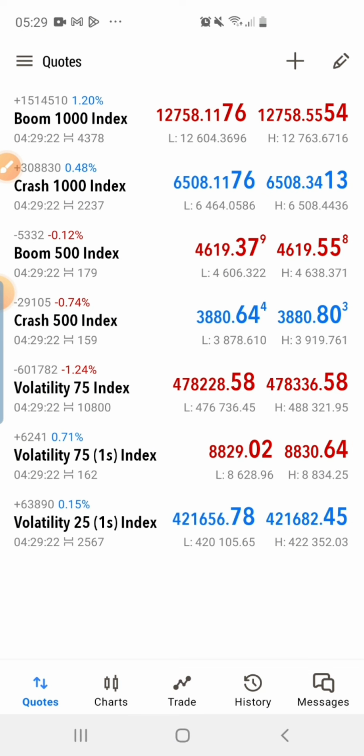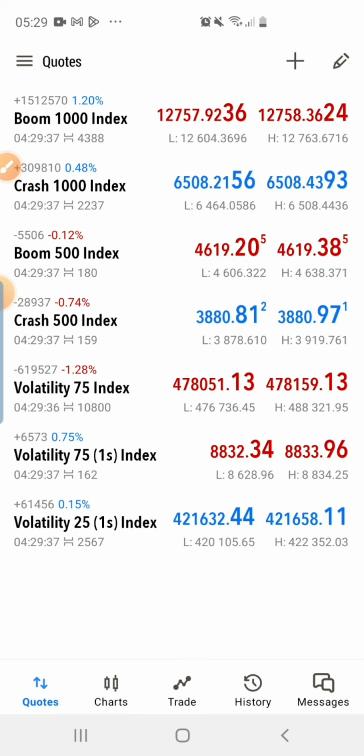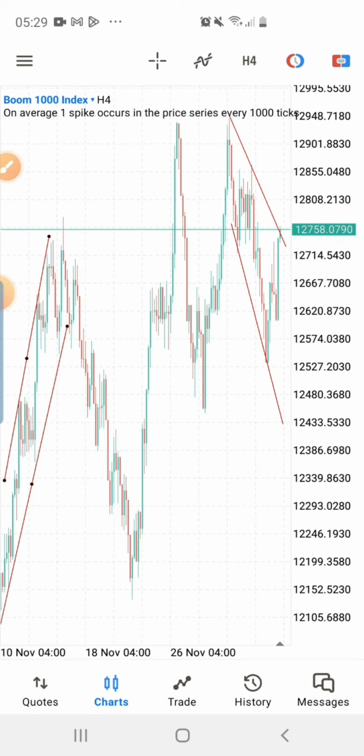Delete all those indices that have higher volatility. What I mean is the indices whose lot size does not even support, or does not even help you when it comes to your trading account.